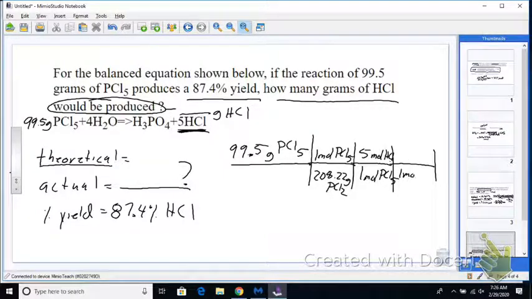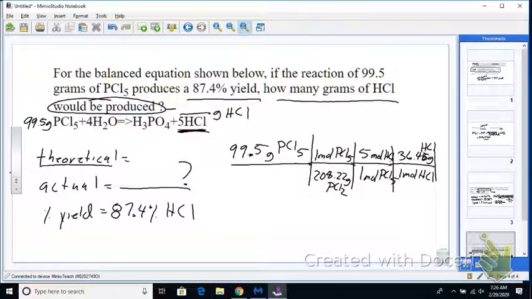For every 1 mole of HCl, we have 36.45 grams of HCl. That's the weight of HCl. Chlorine is 35.45 and hydrogen is 1, so that would actually be 36.46. Not that big a difference. Again, we'll calculate that number of grams.